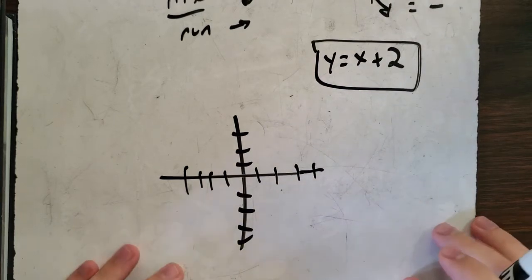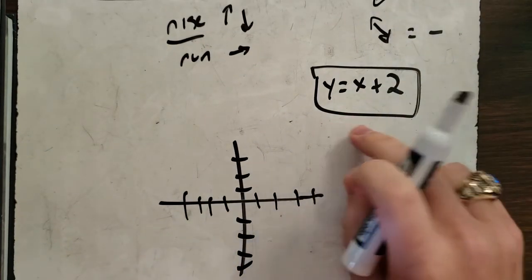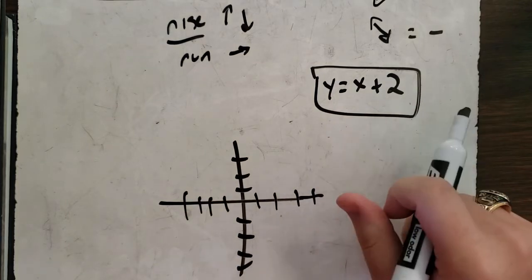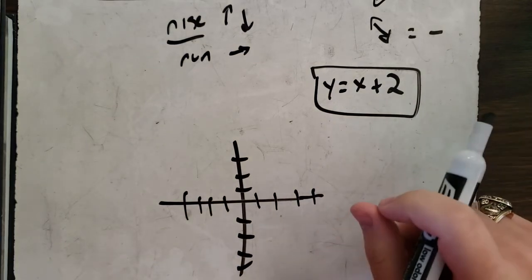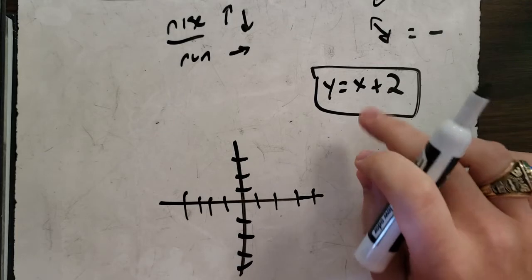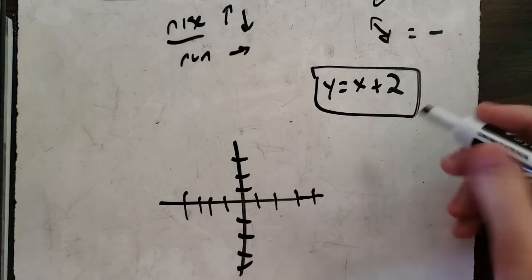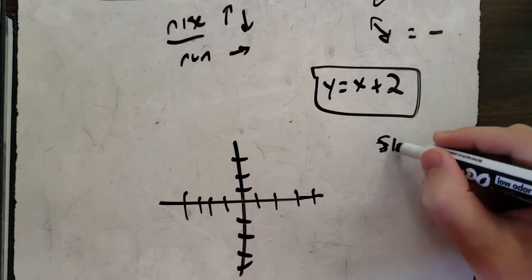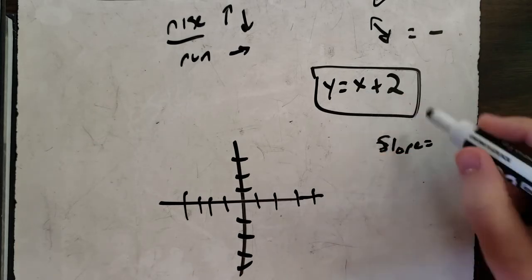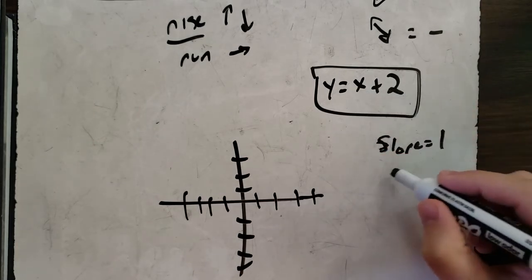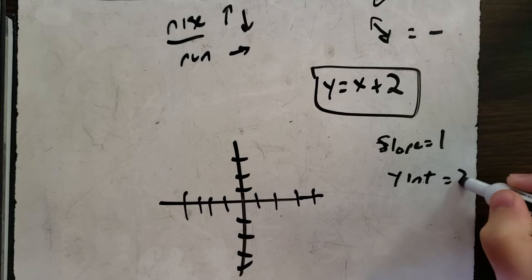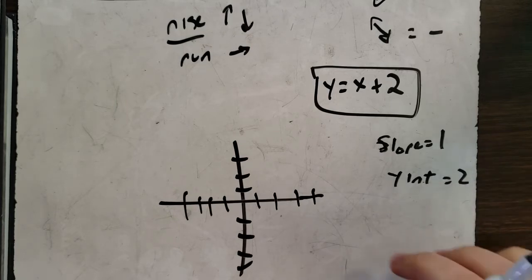So first we look at our equation. Is y by itself? Yes. So we can go ahead and find our slope and y-intercept. And remember, our slope is attached to our x. Because it's by itself, our slope is 1, and our y-intercept is 2.